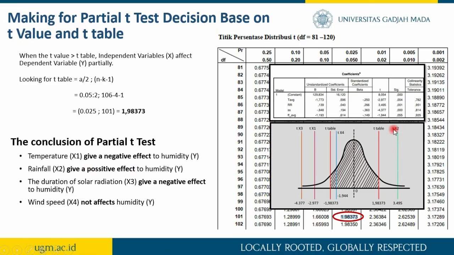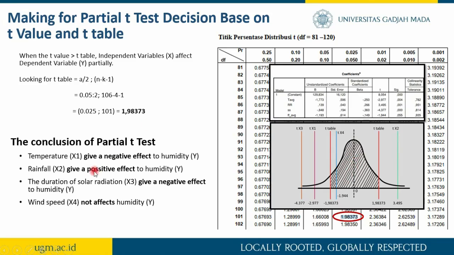This is 3.4, in the positive area, and the duration of solar radiation gives a negative effect. This is x3, in the negative area. Wind speed does not affect, because x4 or wind speed is in this area. This area is the no-effect area.